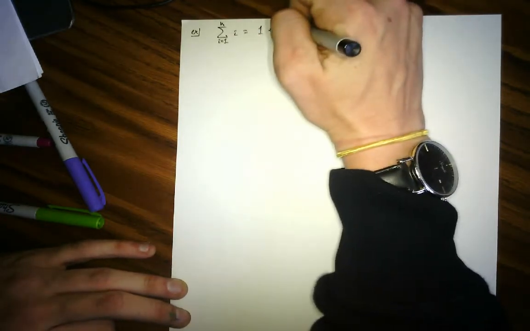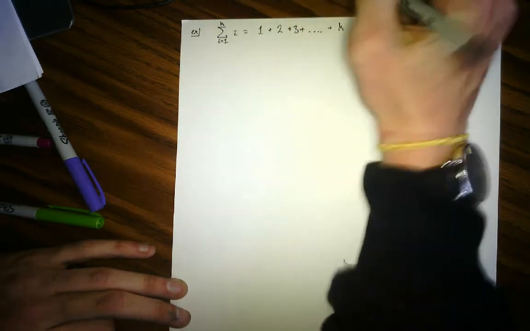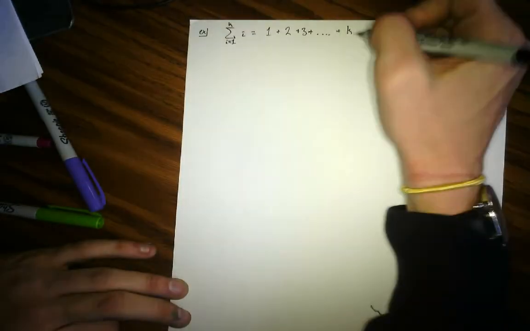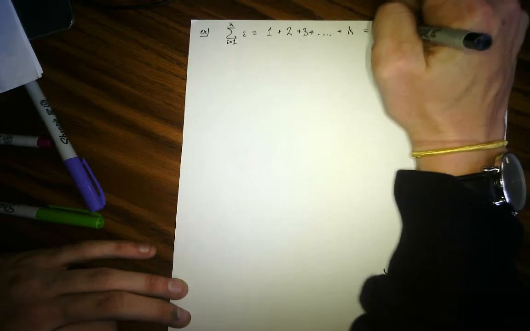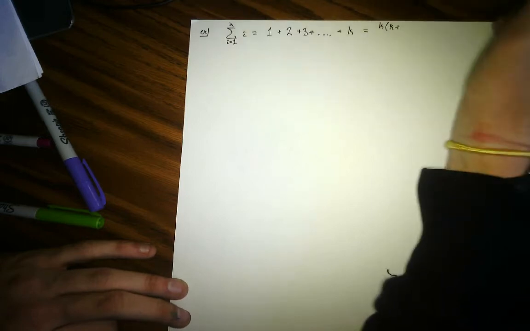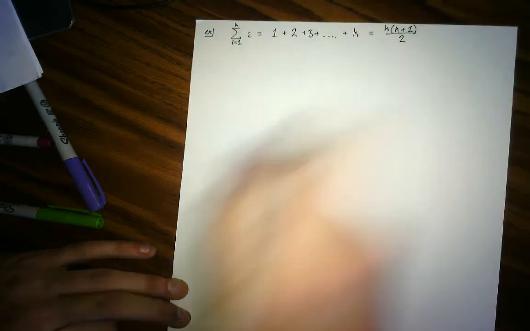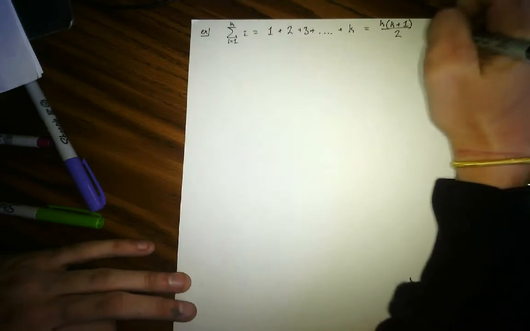So 1 plus 2 plus 3, all the way to plus k. So we want to prove that if we have the sum, it's actually equal to the kth term times k plus 1, all divided by 2. So we want to prove this.